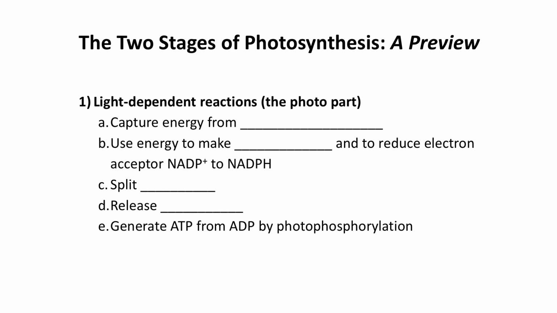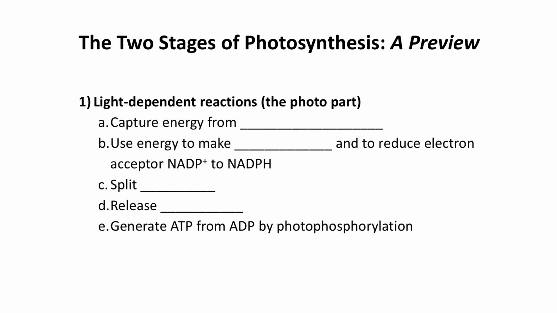The equation for photosynthesis makes it seem like a pretty simple process, but it's actually quite complex and consists of two different stages. There are the light reactions, which is the photo part of photosynthesis, and the Calvin cycle, which is the synthesis part.